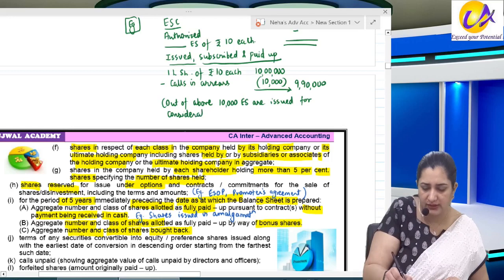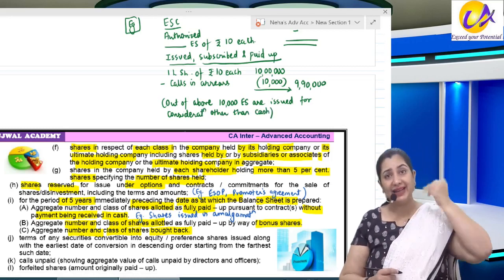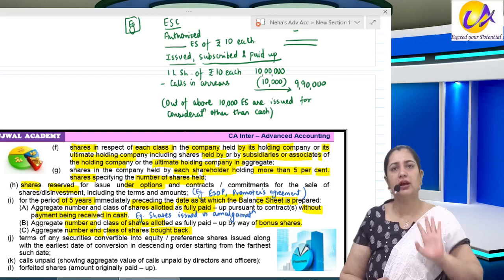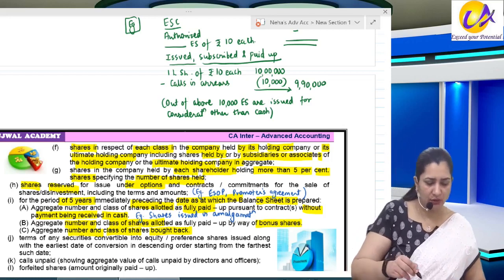It means I did not receive cash, I received something else. The best example I told you is amalgamation.